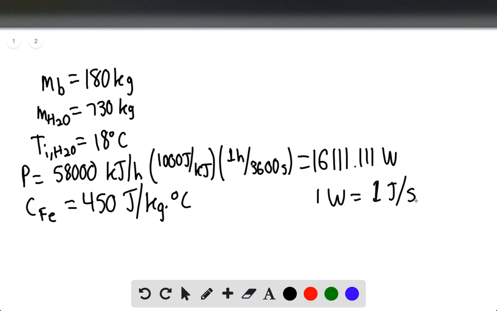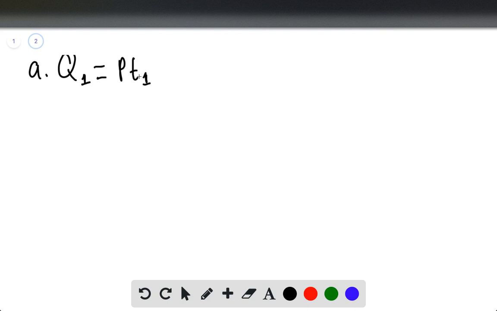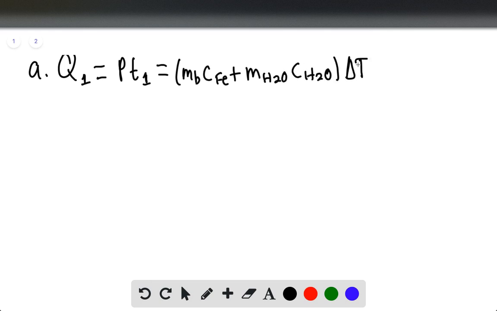So joules per second would essentially mean that Q, the total amount of energy, would be equal to a power times the amount of time we are applying that power. And this would equal the mass of the boiler times the specific heat of iron plus the mass of the water times the specific heat of water times delta T.